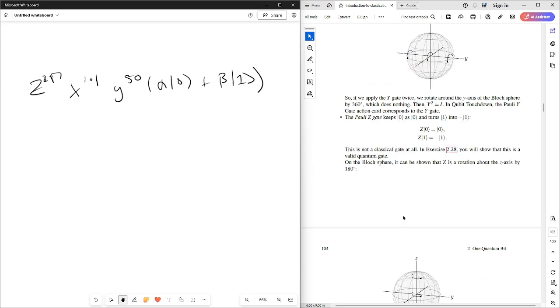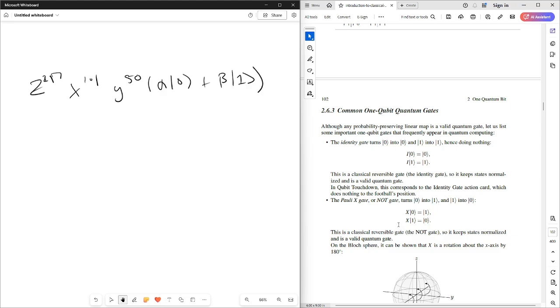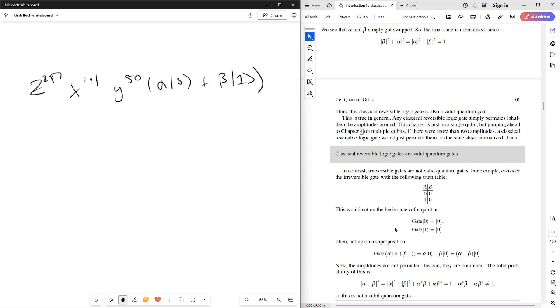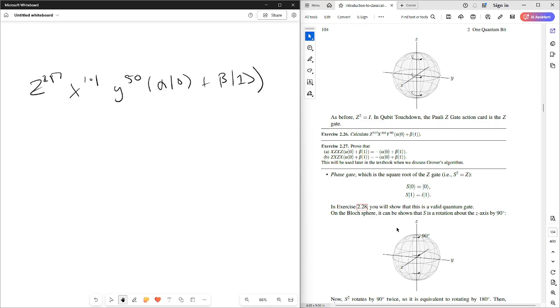Let me first, really quick. Okay. So we know that since these are 180 degree rotations, any pair of gates is just going to be equal to an identity.